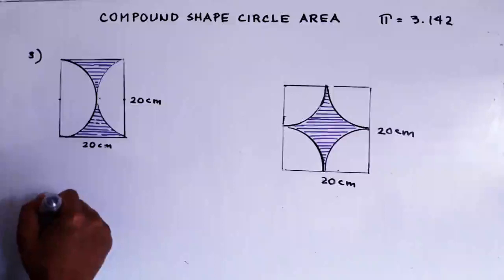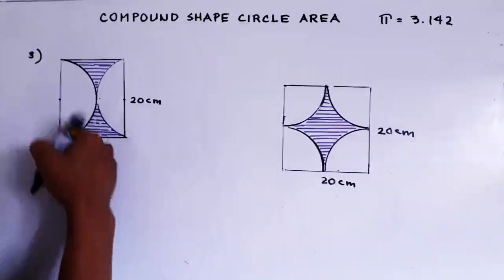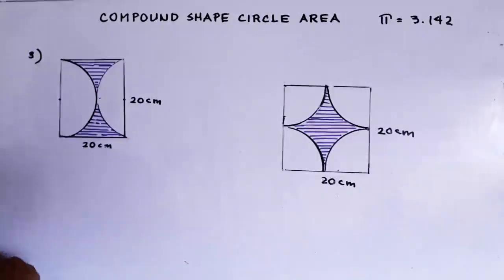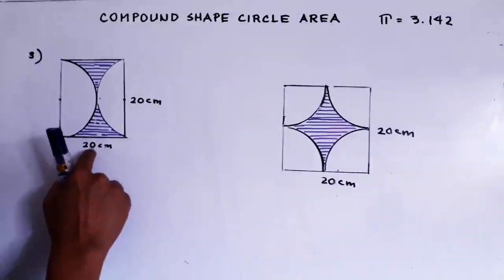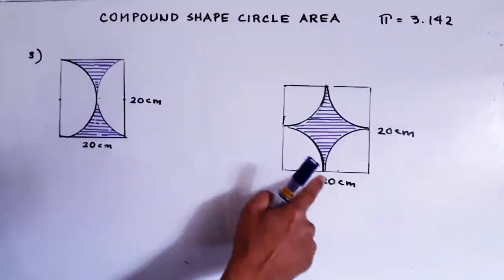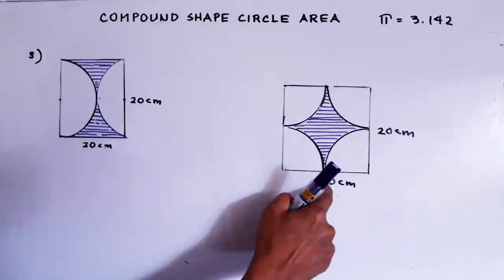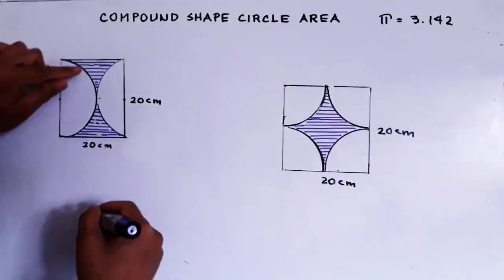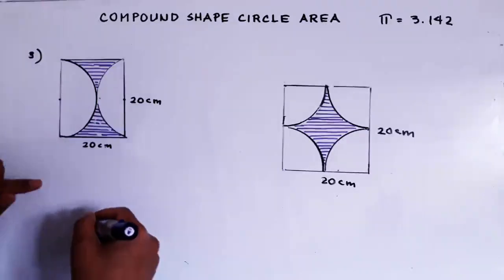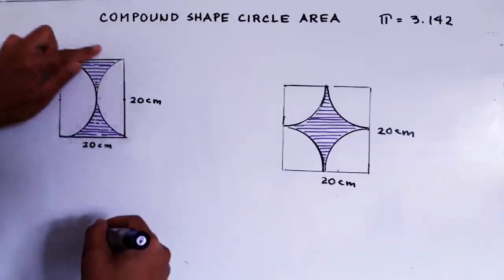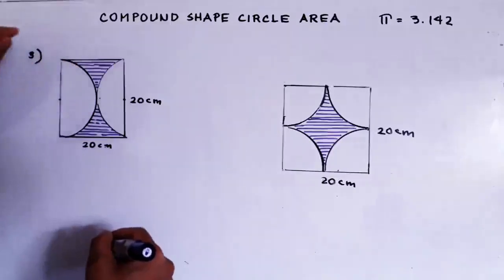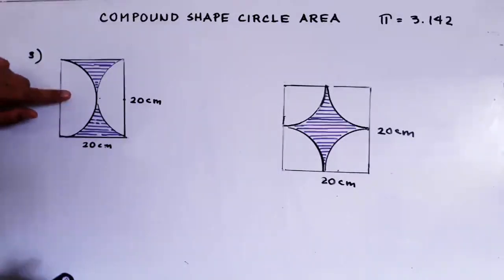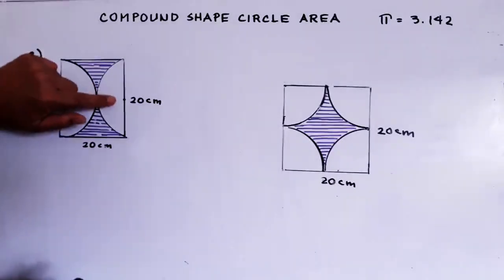So here, class, the main shape is the square. That's the square, and the square has the dimension of 20 by 20. And our second figure is also a square, 20 and 20. To find the shaded portion here, we'll first get the area of the square, and then we subtract these two semicircles.